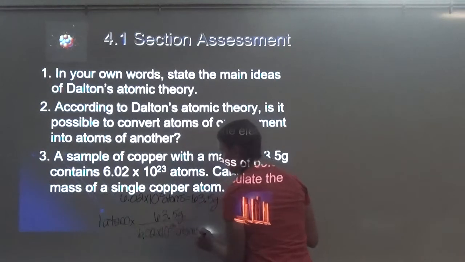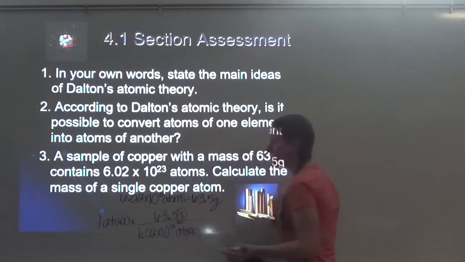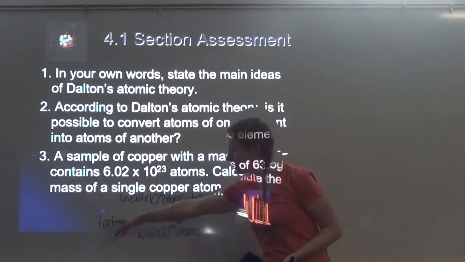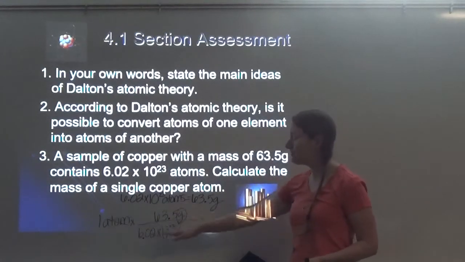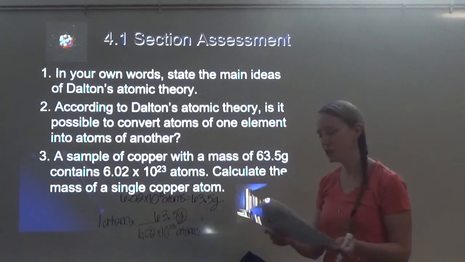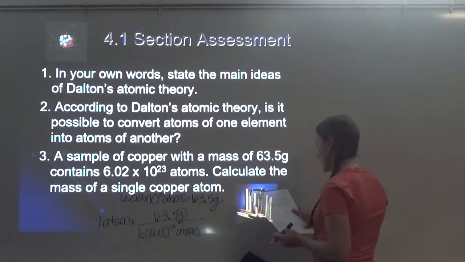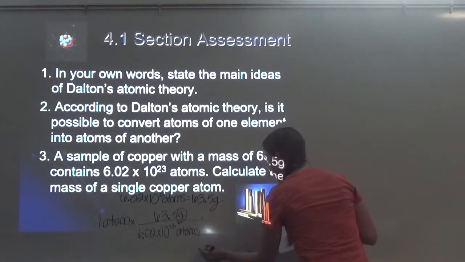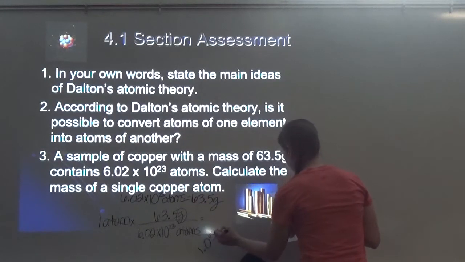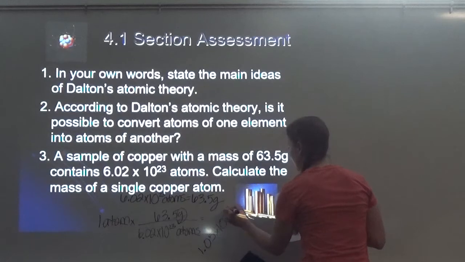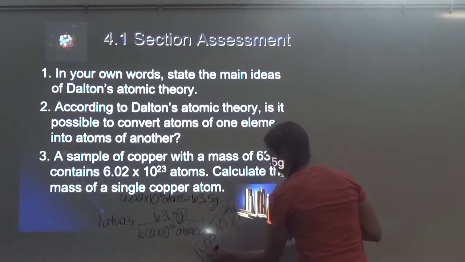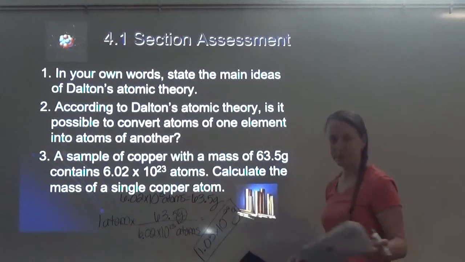So my atoms cancel. I'm left with grams, which is what I want. So I'm just going to do 1 times 63.5 divided by 6.02 times 10 to the 23. And so for that, I got, I'm going to write it sideways here, y'all, because I'm running out of room, 1.05 times 10 to the negative 22 grams. Just like that. All right?